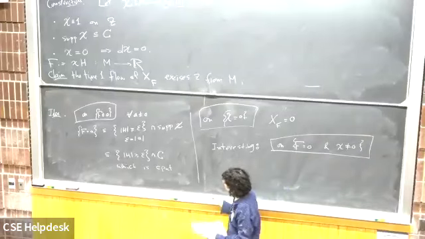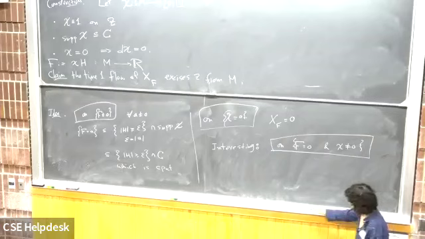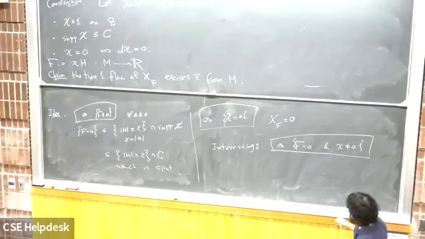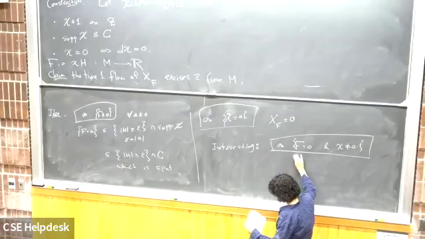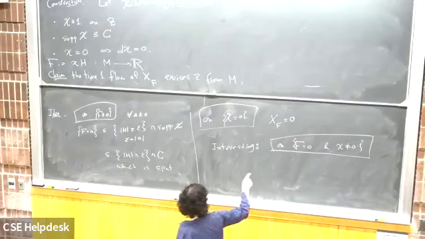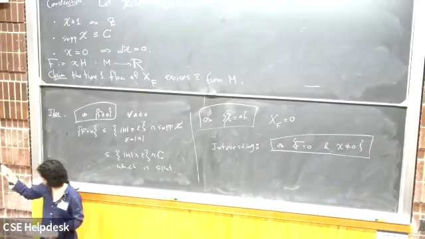So here again, you have to break it into different cases. First of all, on this set, let me just say it very briefly, because F is 0 and chi is not 0, H has to be 0.